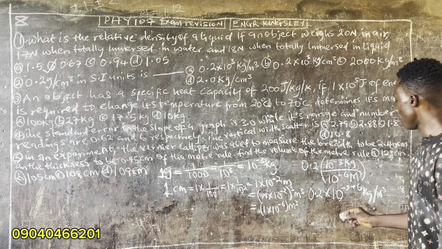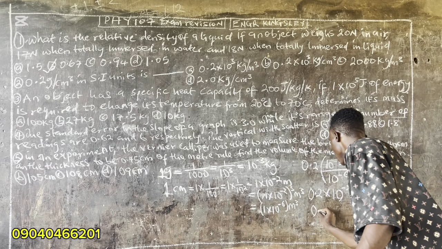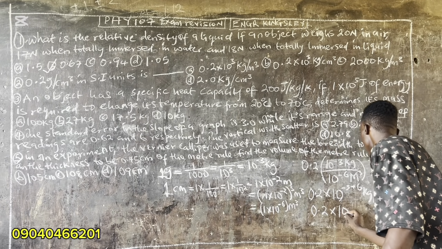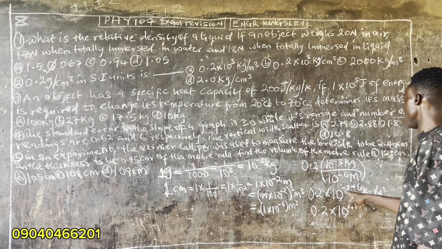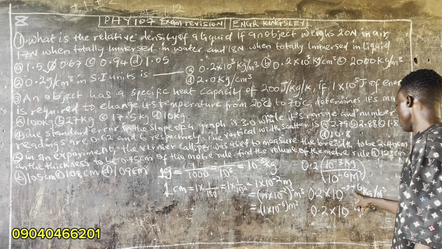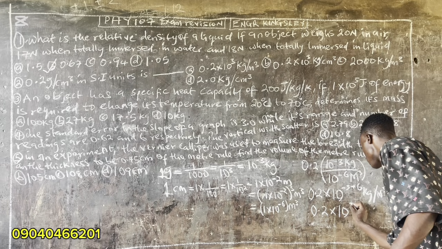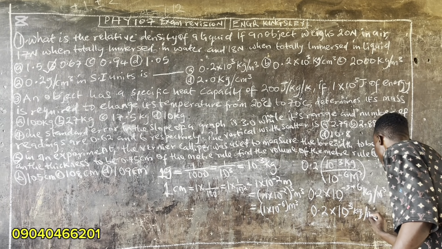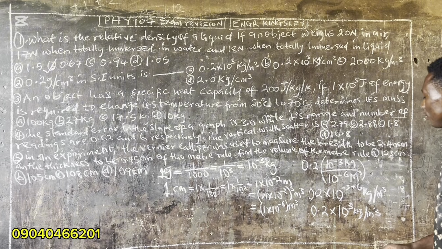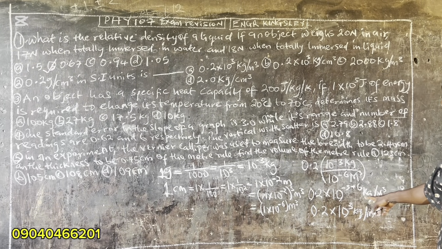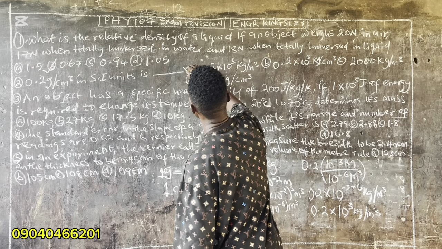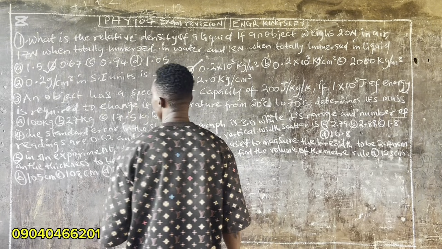So we now have 0.2 times 10 raised to the power minus 3 plus 6, which is 3, kilogram per meter cube. So 0.2 times 10 raised to the power 3 is the answer, which corresponds with option A.